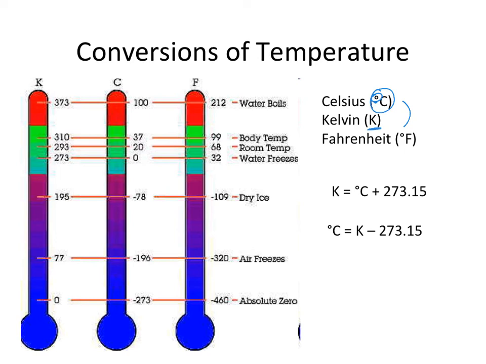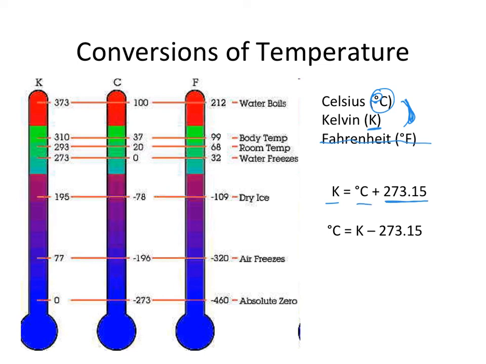Additionally, Fahrenheit, obviously that's what we use in the United States to indicate temperature. But most other places use the metric system and focus on these two temperatures. So I'm not going to make you do any conversions with Fahrenheit, but we're going to focus instead on Celsius and Kelvin. So Kelvin is related to Celsius by this value here.